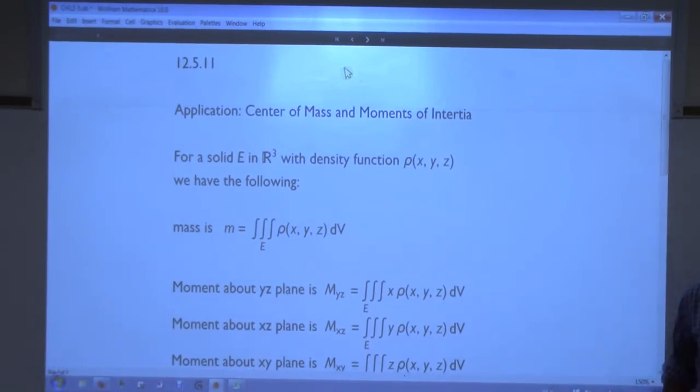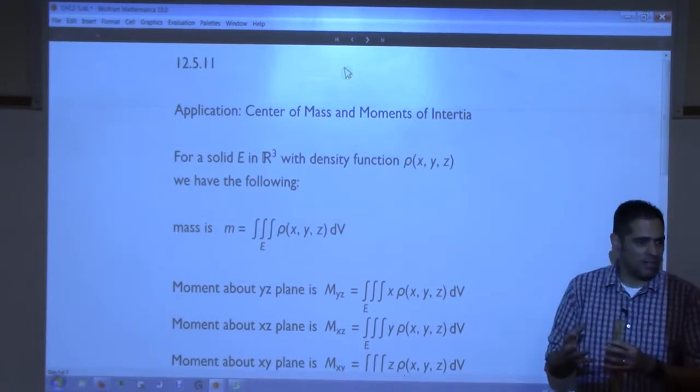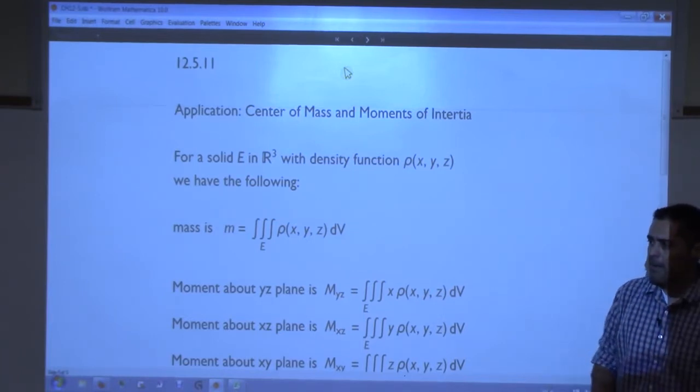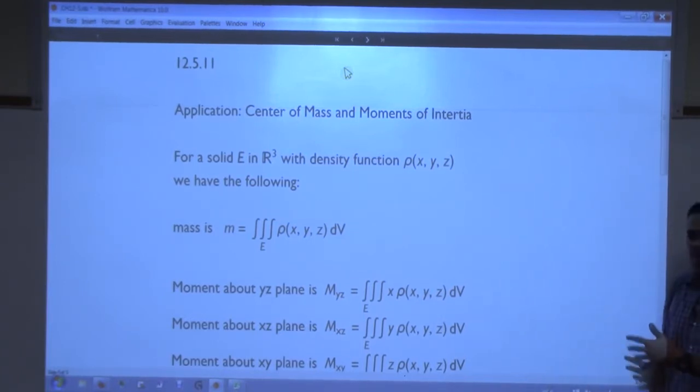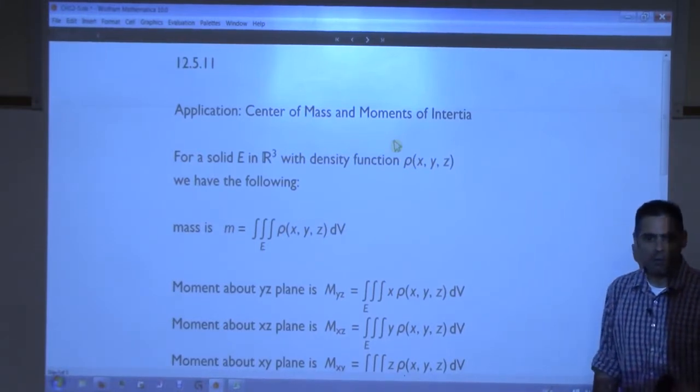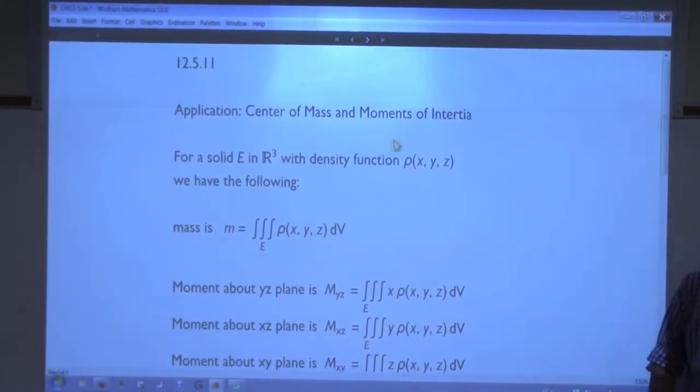Application of a triple integral. We saw when we had a lamina last class, if that lamina had a density function, we could find its center of mass. We could find its moments of inertia, things like that. Well, we don't like laminas because we live in three-dimensional space. I'd be more interested in finding the center of mass of some object.